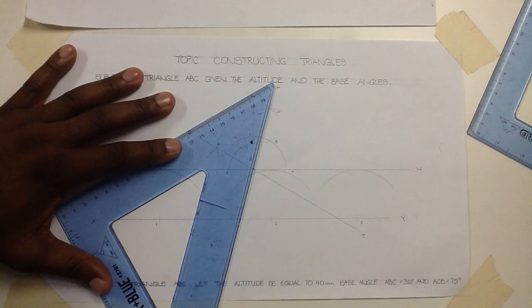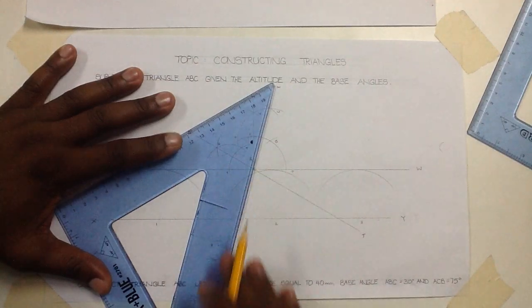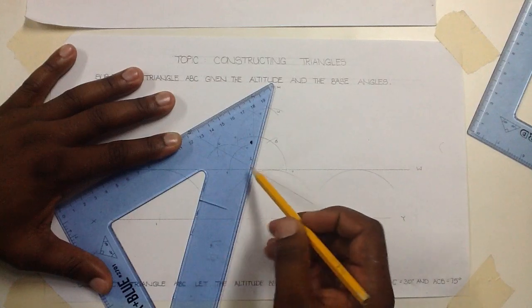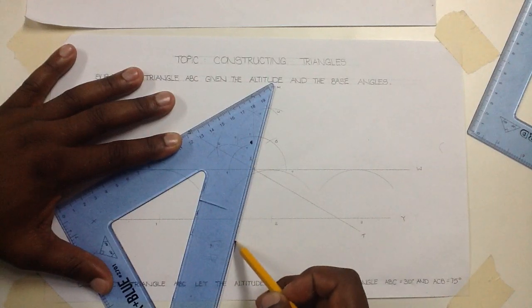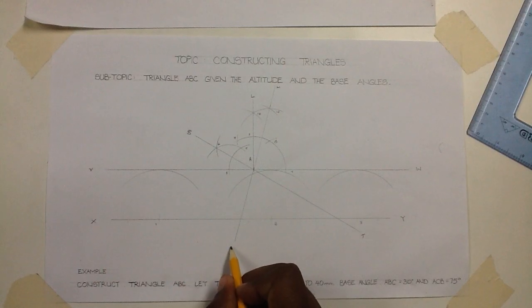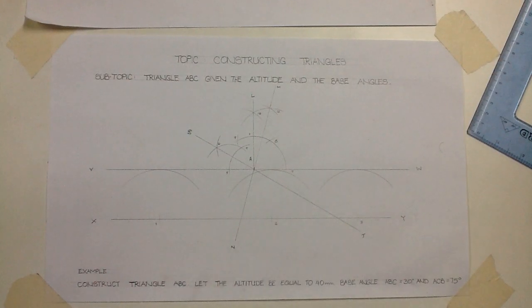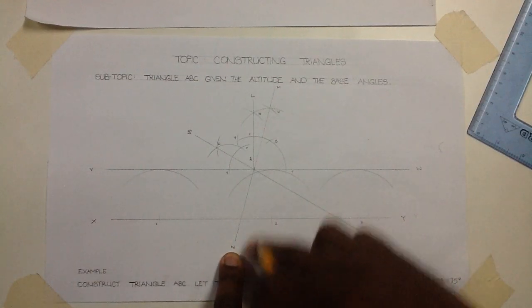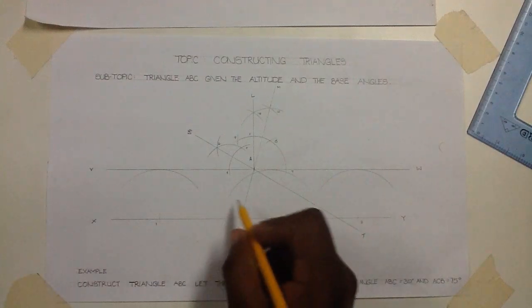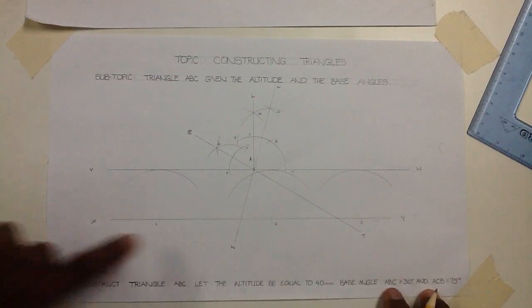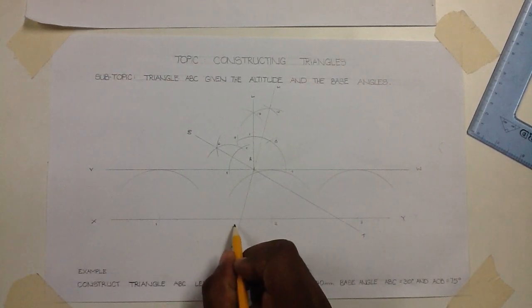And so we are going to extend our line MA from point A to intersect with our line XY, and that gives us N. The point where our line XY intersects with our line MN gives us point B. Nope, it gives us point C.